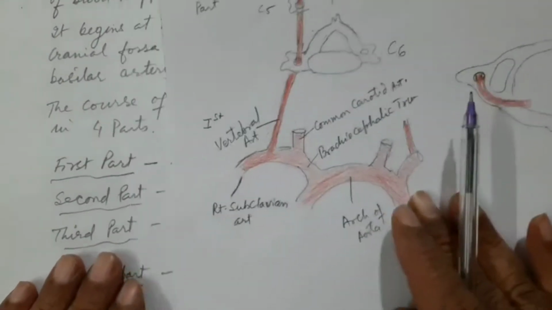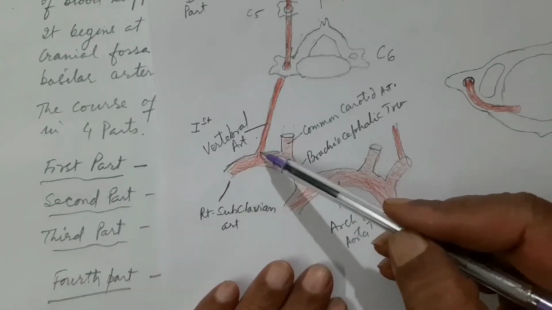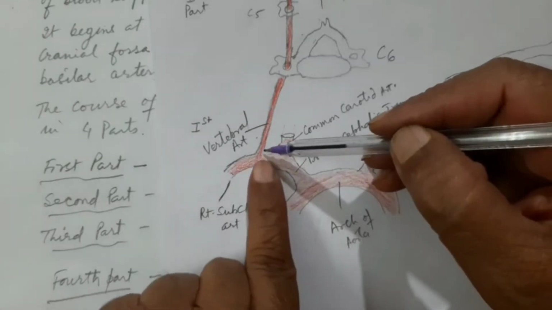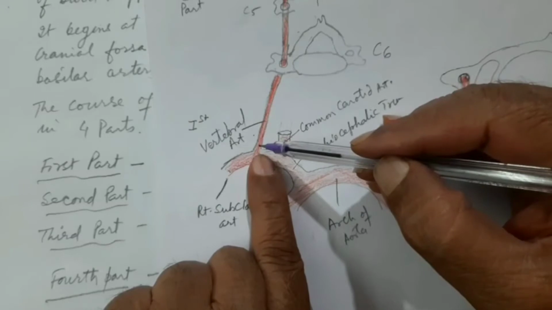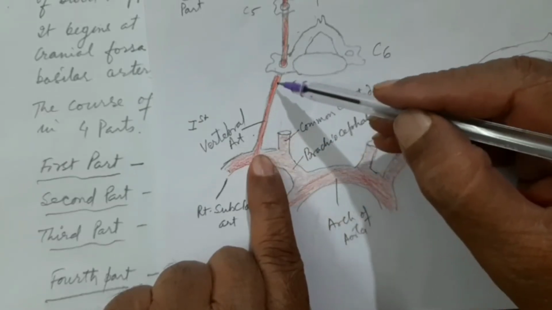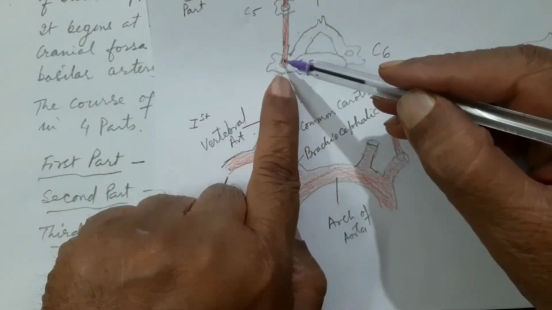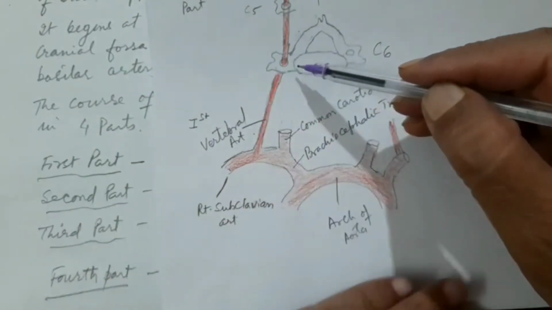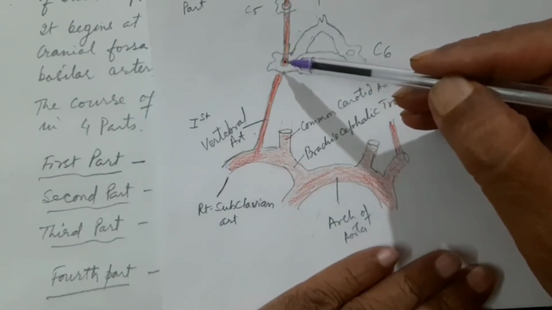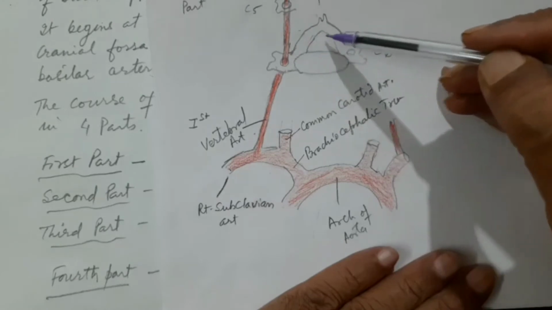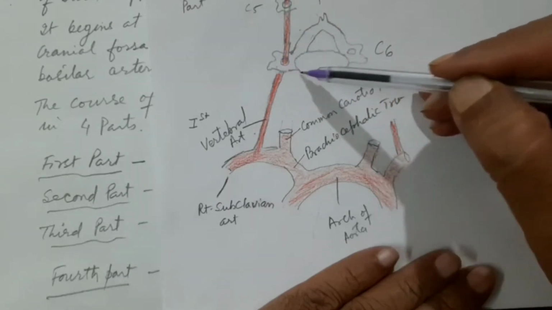To begin, the first part of the vertebral artery takes origin from the first part of the subclavian artery at the root of the neck. It arises here, then runs upward and slightly medially to enter the foramen transversarium of the C6 vertebra, that means the sixth cervical vertebra. See, this is the body, lamina, spine, and the foramen transversarium in the transverse process is here.